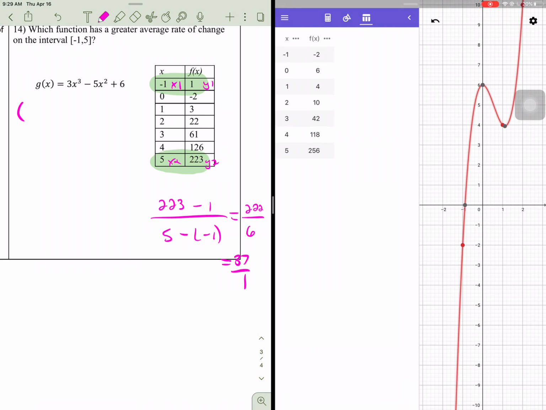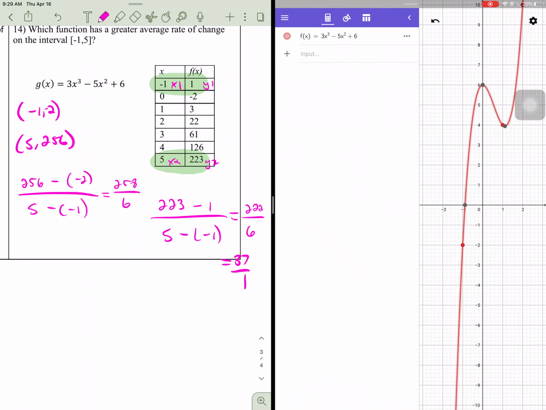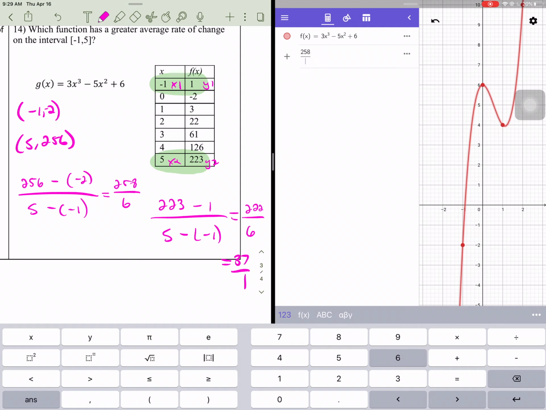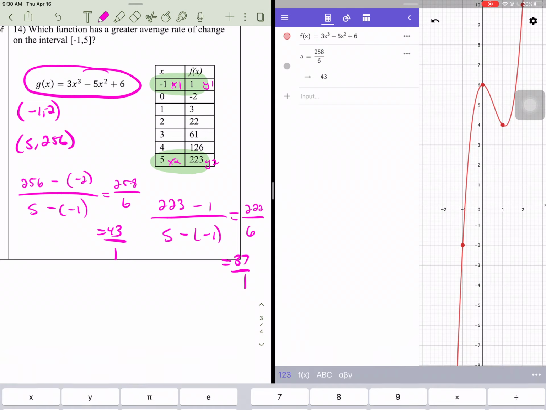So you get the points -1, -2, and 5, 256, and now we have to find the slope. 256 minus -2 over 5 minus -1. That's 258 over 6, which is 43 over 1. So which one has a greater average rate of change? G of x. Okay.